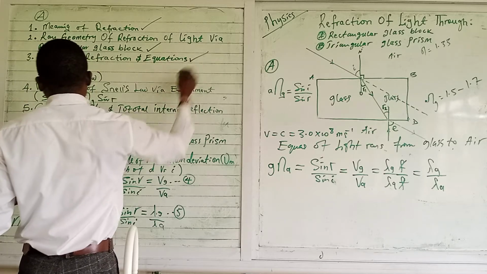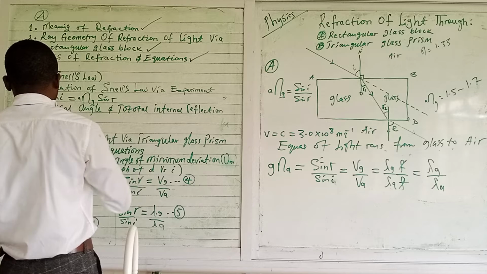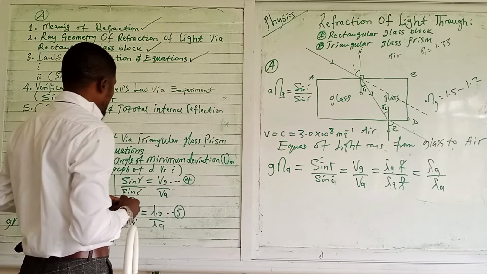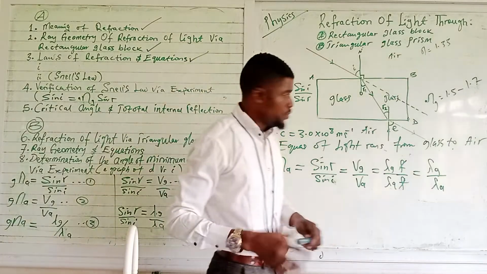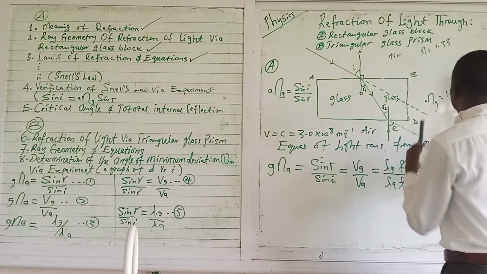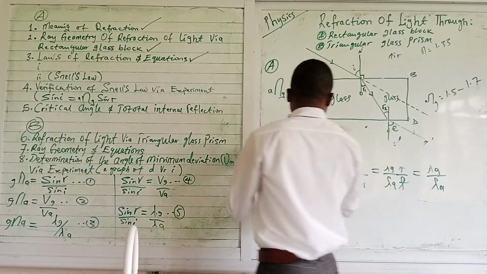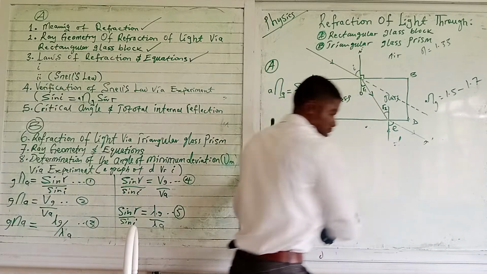Next thing, I believe we are through with number 3 item. We want to look at number 4 item, verification of Snell's law through experiments. Now, from here, you know that this is Snell's law, right? Good. Through experiment, how is this verified? How is Snell's law verified through experiments?